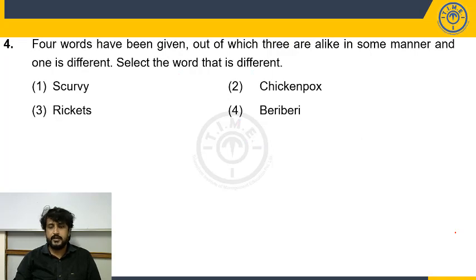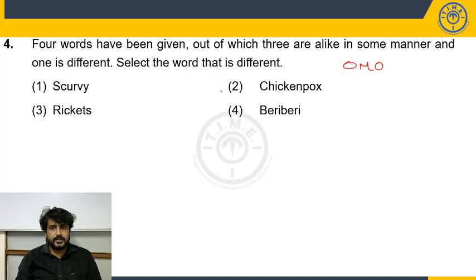Four words have been given, out of which three are alike in some manner and one is different. Select the word that is different. So again, an odd one out question. Scurvy, chickenpox, rickets, beriberi. To answer this question, you should have some general knowledge, be good at your vocabulary skills, and know about the things which happen in our regular life.